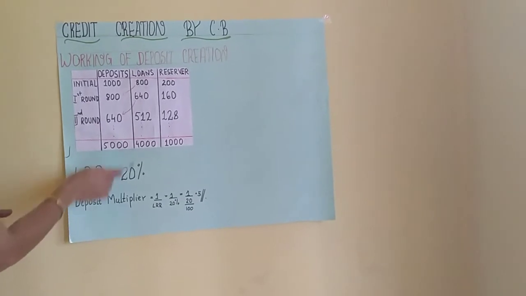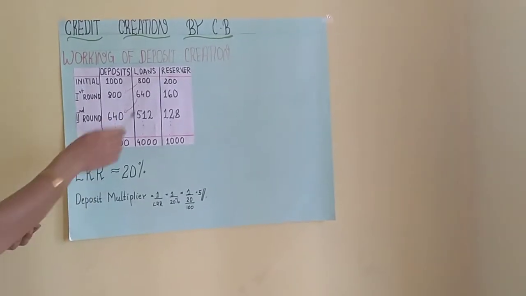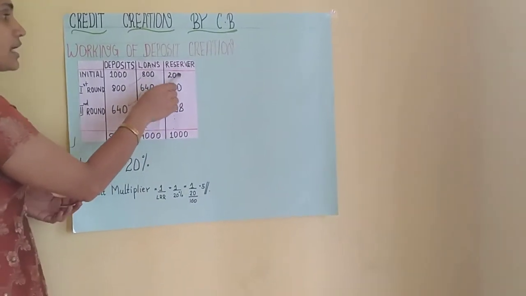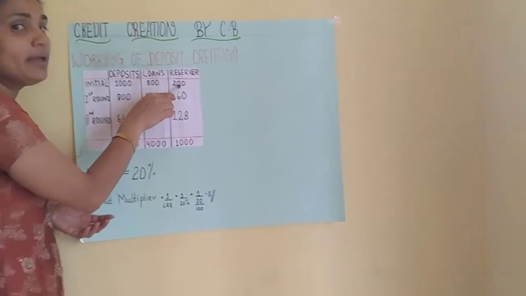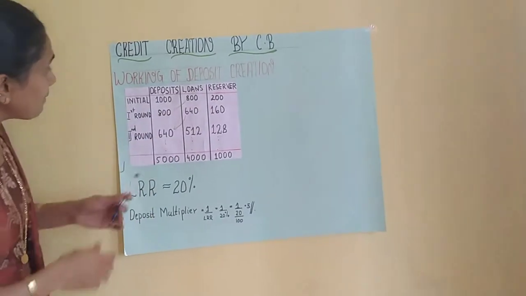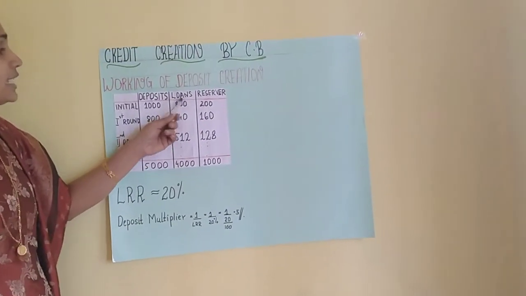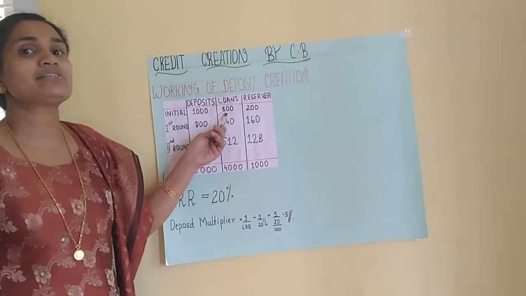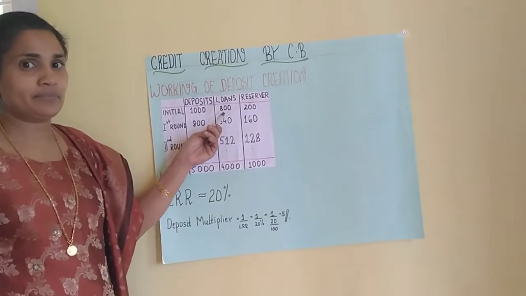What is 20% of 1000? That is 200. This 200 they keep as LRR, that is the reserve amount in the bank. What will happen to the 800? The commercial bank lends 800 rupees as loans to the public.